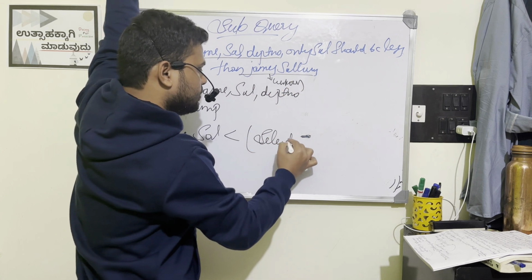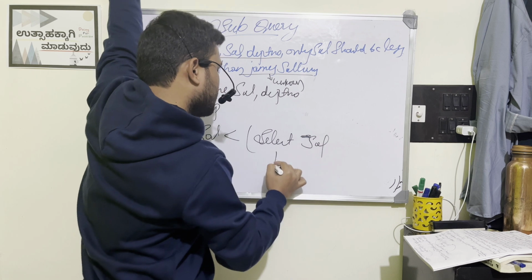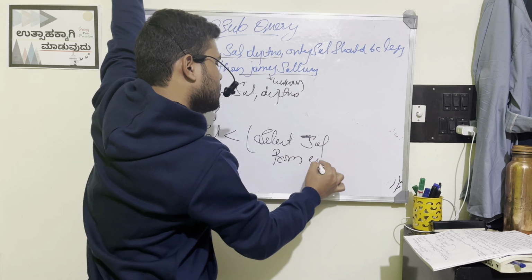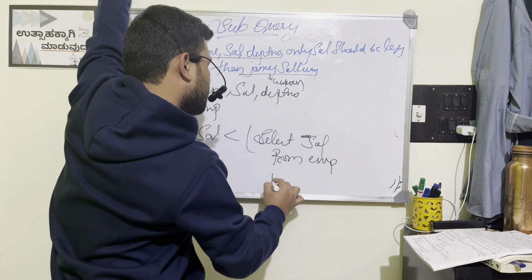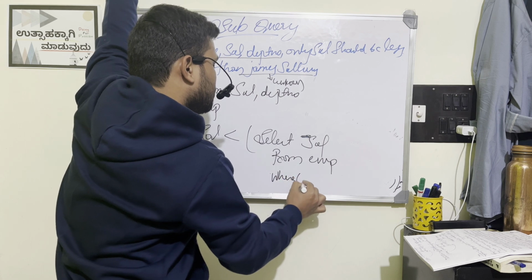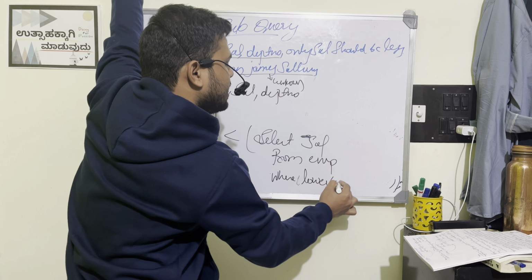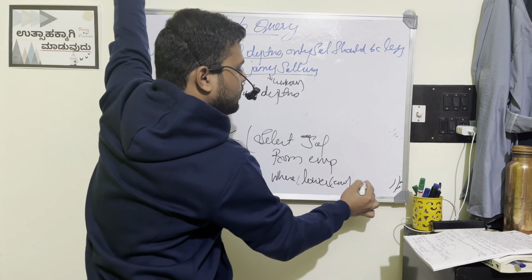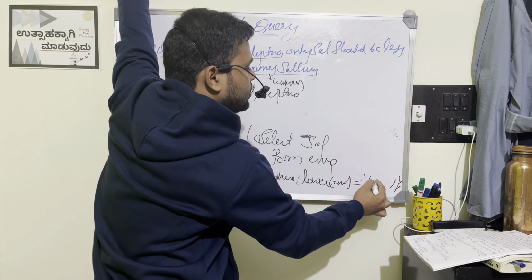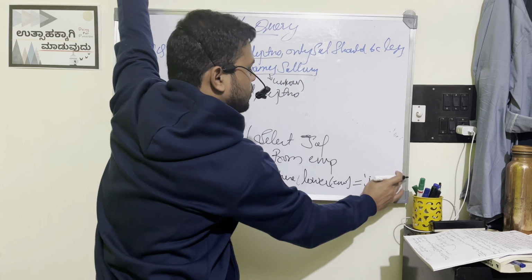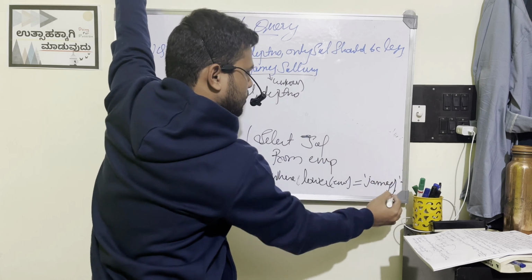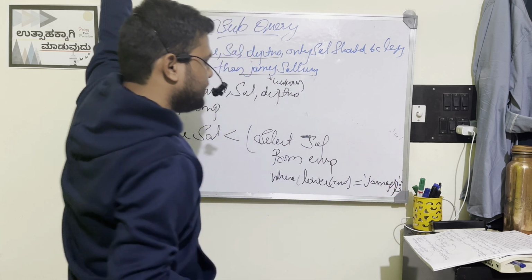Select salary from EMP where lower of ename equal to within a single quote James. Close the parenthesis and terminating with semicolon.